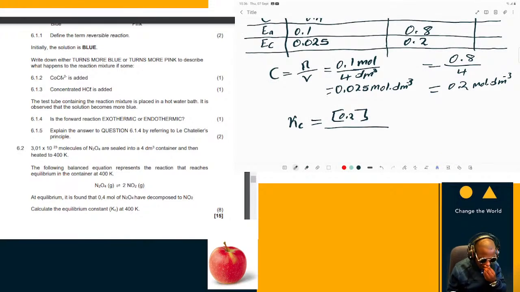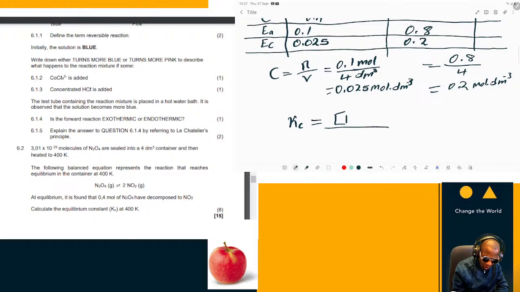Sorry guys, as I was saying, now we're going to use the Kc formula. For those who don't know where it comes from, we use the concentration of the product raised to its coefficient.